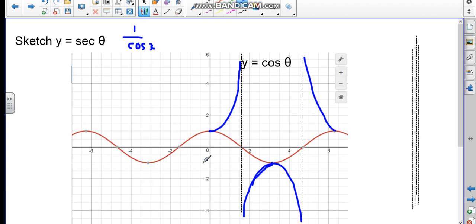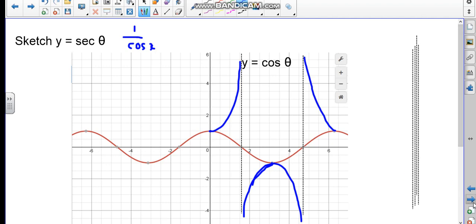So it looks similar to the cosec graph, but of course it's been translated across, just like the cosine and the sine graph are similar, just translations of each other. So that's your sec graph, but again, things to think about: the period is 2 pi, the same as the cosec graph. The minimum is 1 and the maximum is -1.